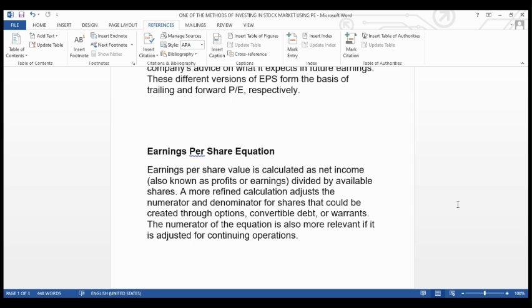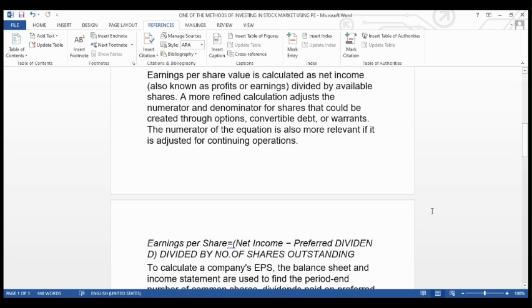Okay, now we will go to the earnings per share equation. Earnings per share is calculated as net income, also known as profits or earnings, divided by the number of shares available. A more refined calculation adjusts the numerator and denominator for shares that could be created through options, convertible debt, or warrants.